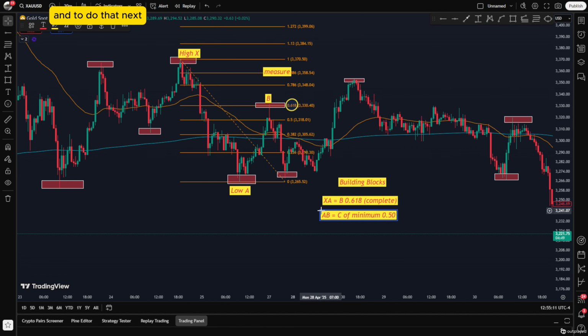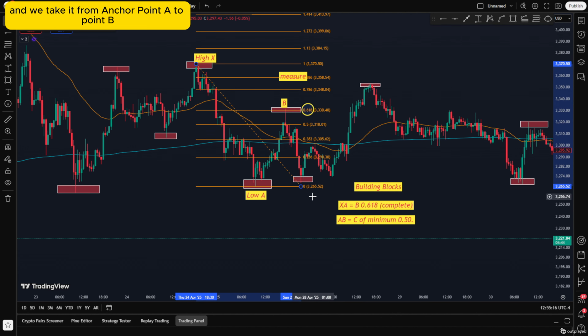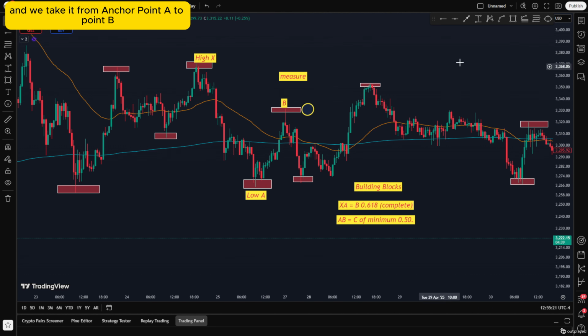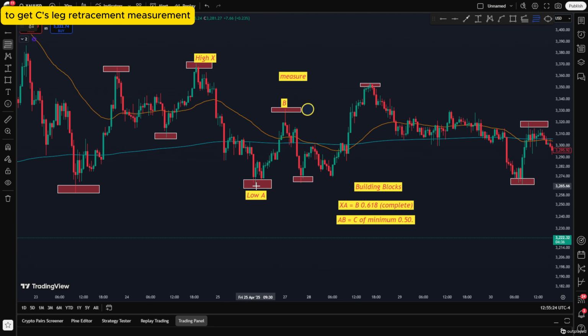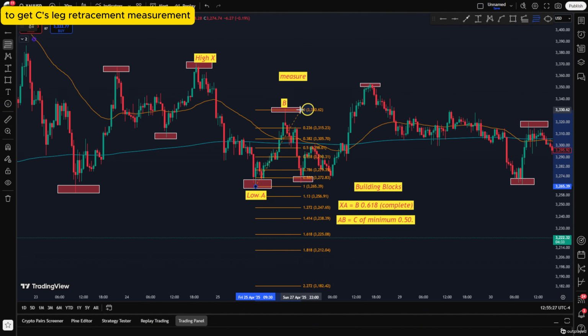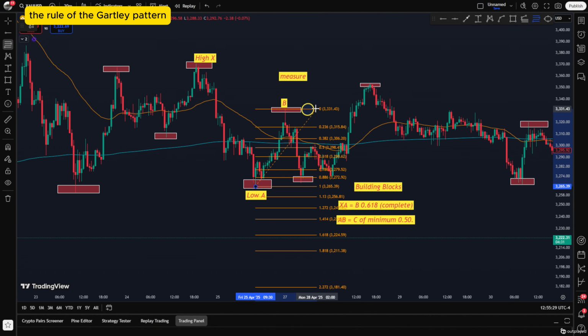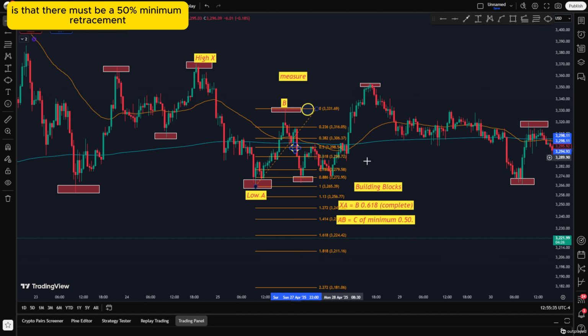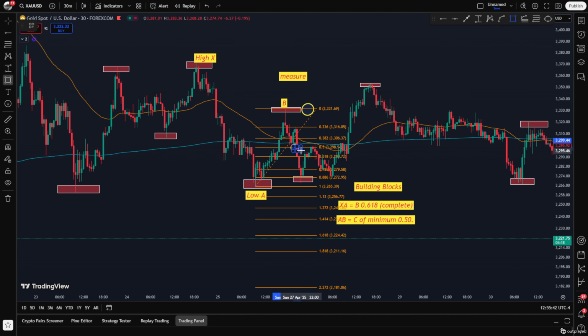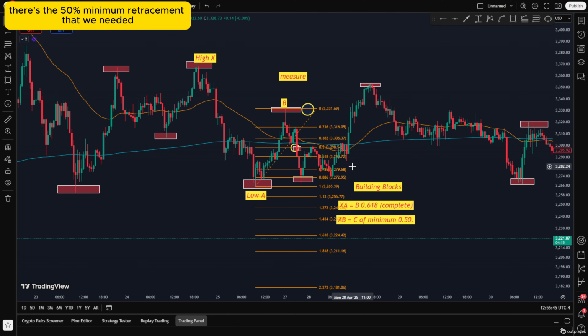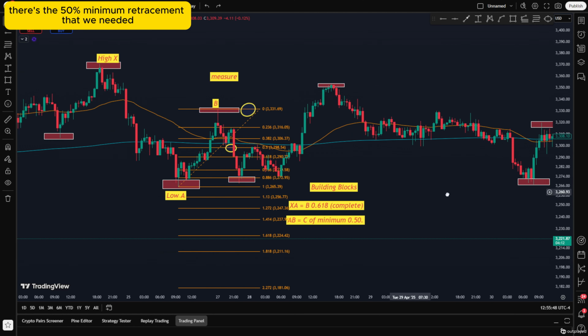To do that, we take another Fibonacci tool from anchor point A to point B to get C's leg retracement measurement. The rule of the Gartley pattern for the C point is that there must be a 50% minimum retracement. There's the 50% minimum retracement that we needed.